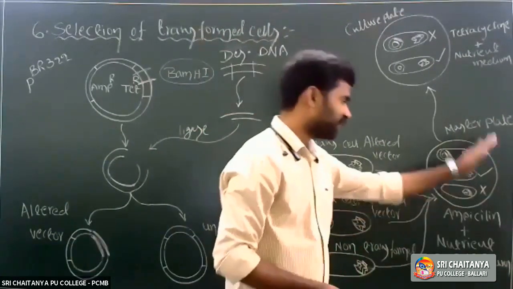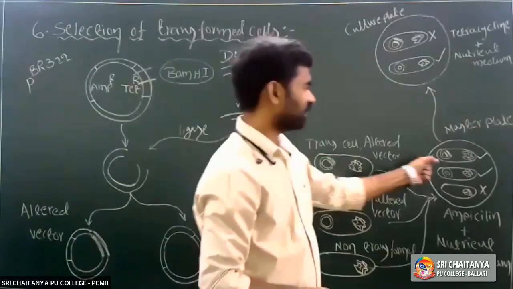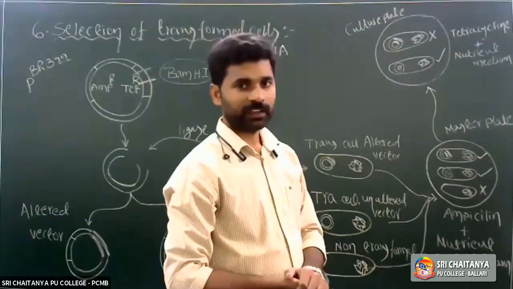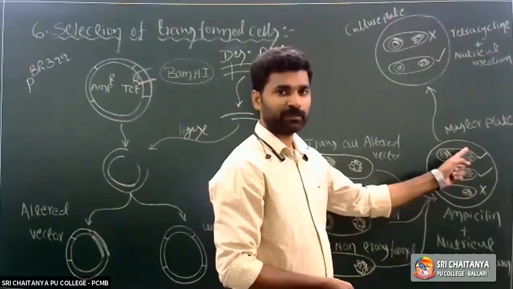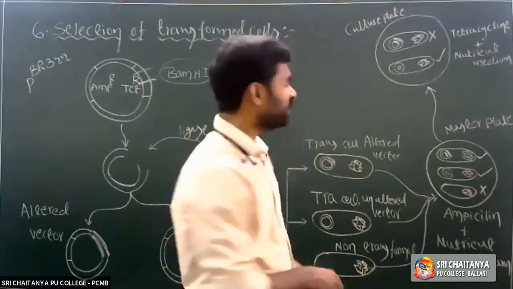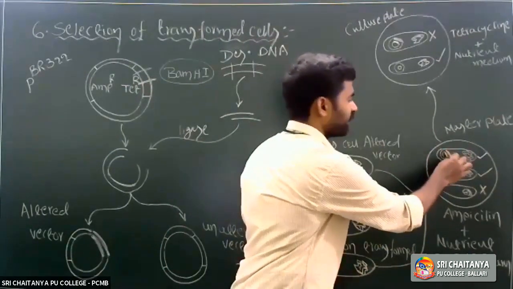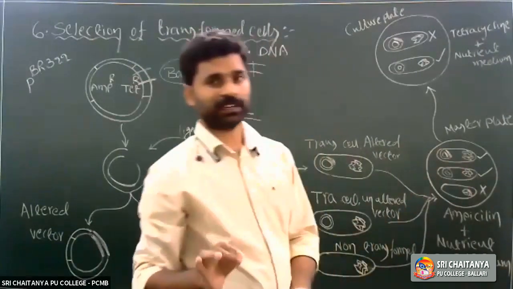So that's the reason non-transformed cells are eliminated from the transformed cells here. Then we need the first type of bacteria only, the altered vector containing bacterial cell. Both of them are transformed cells, but we need the altered vector containing bacterial cell. We don't want the unaltered vector containing bacterial cell.